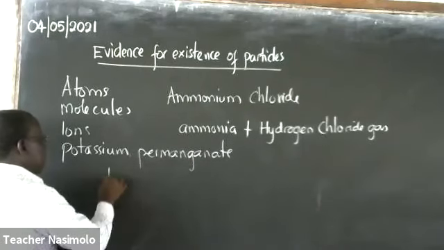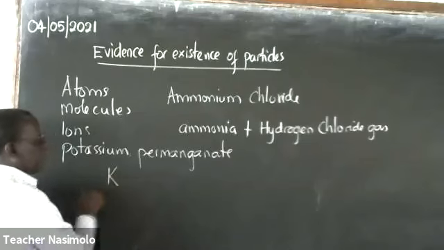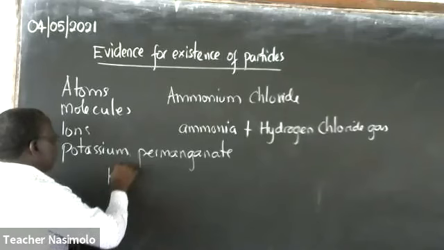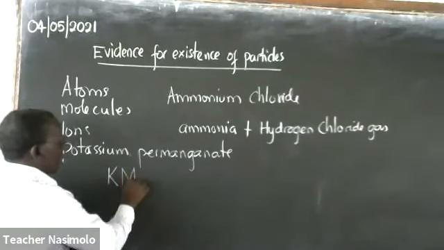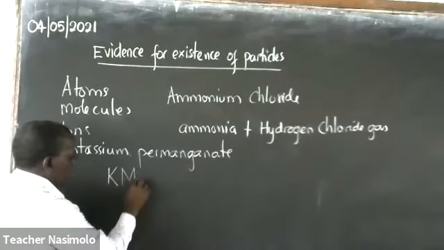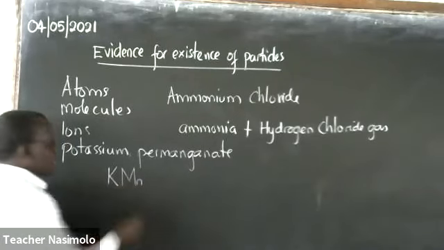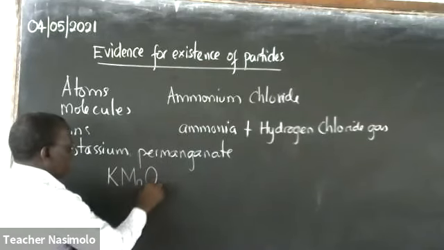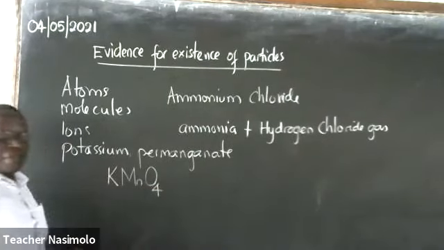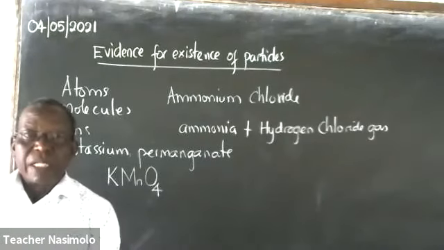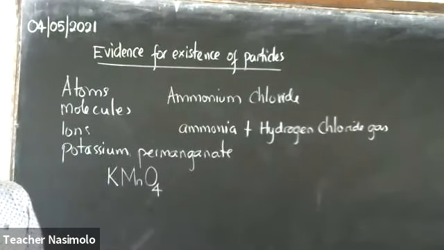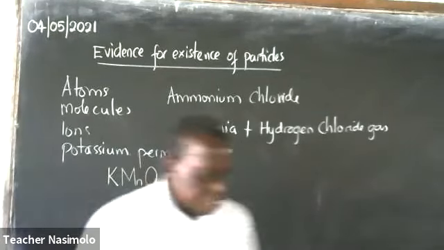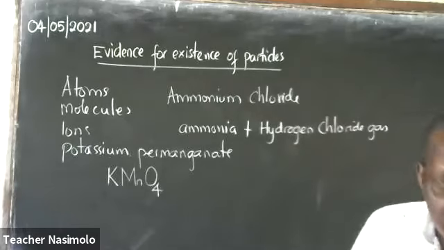We normally write the capital K, representing potassium, capital M, that one represents manganese, M with a small n, and then the capital O, that is oxygen, and when you put a 4 there, that is the formula representing what we call potassium permanganate. So it is the potassium permanganate which I added to this water here.